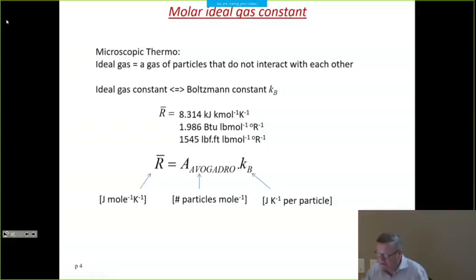That relation is that your ideal gas constant per mole is Avogadro's number times the Boltzmann constant. So these two constants are related by the number of molecules per mole. In other words, the ideal gas constant, which is per mole, expresses the exact same thing as the Boltzmann constant per particle.